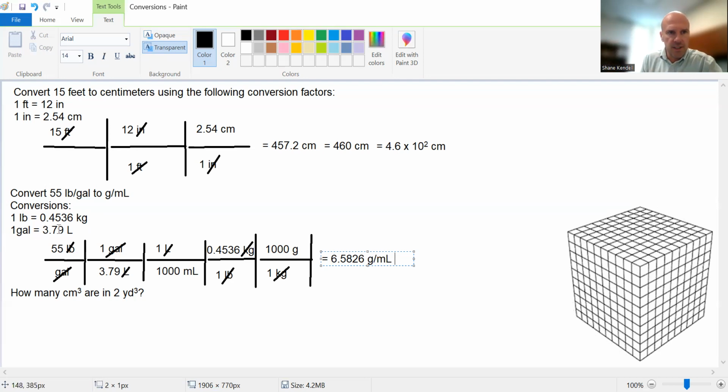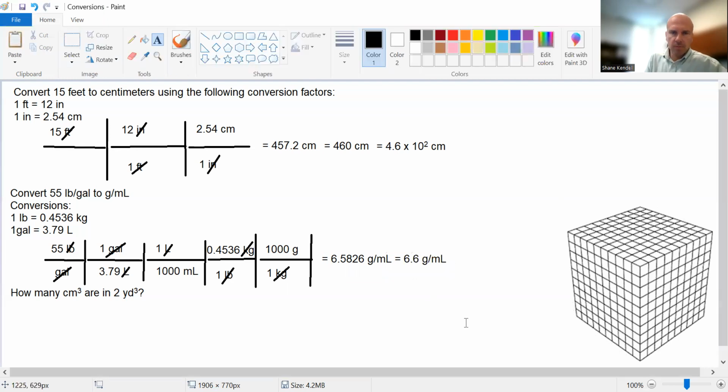So this is 3 significant figures here, but we have to report the answer to 2 for the 55. So we'll get 6.6 grams per mil.